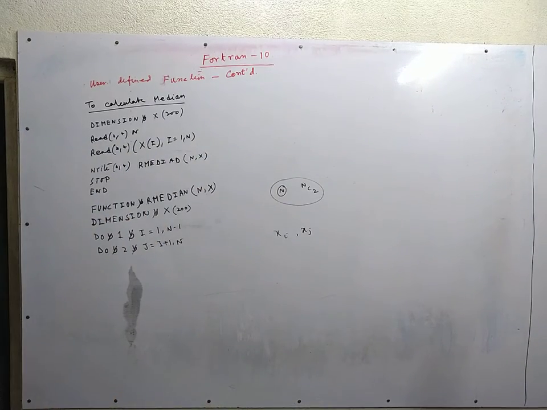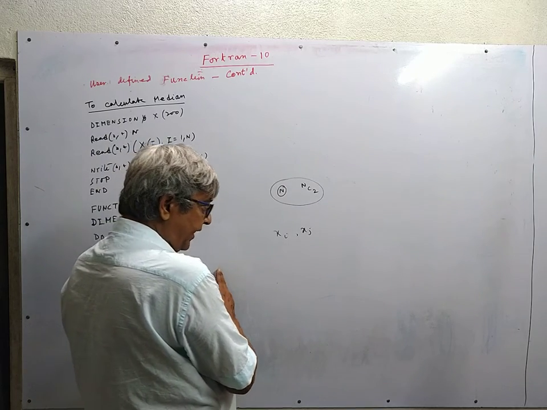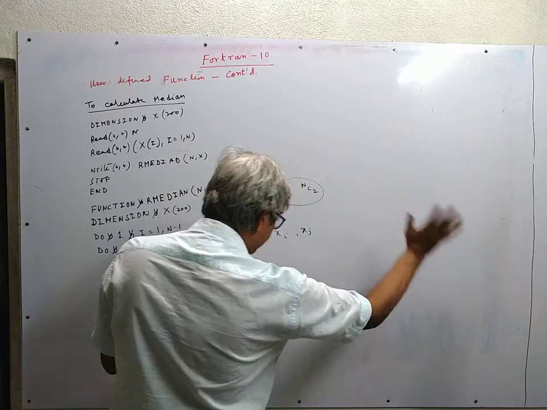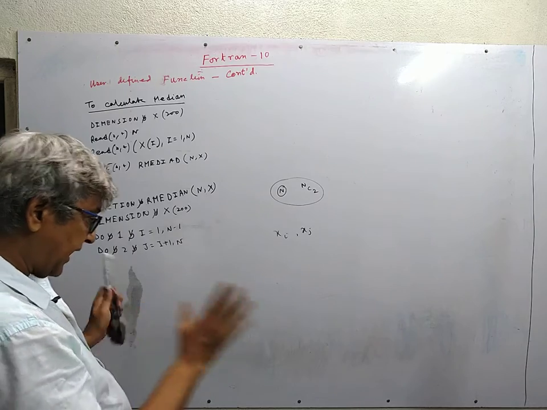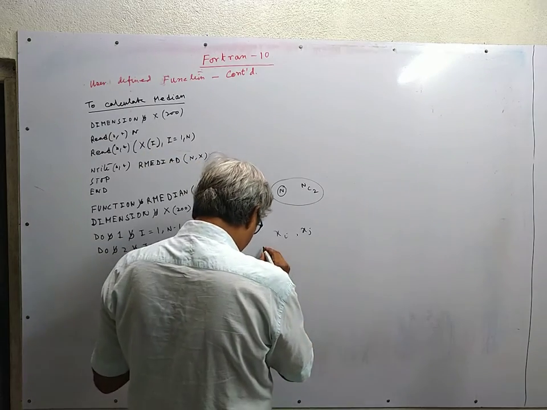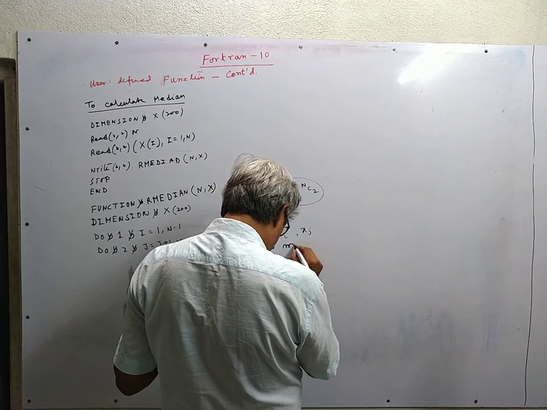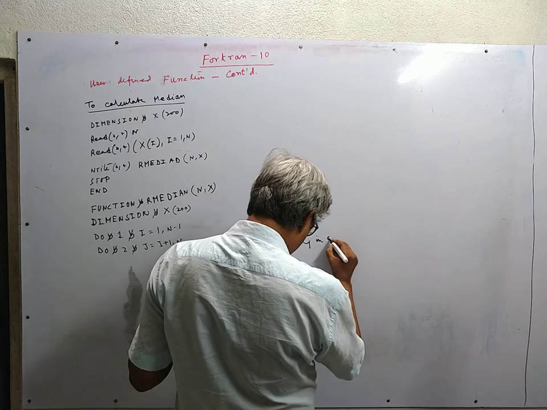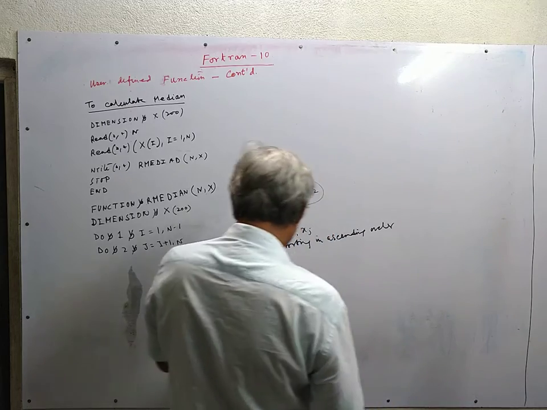Now our aim is first to fix what we want to do. Do we want to arrange them in ascending order? Ascending order means the lowest one will be on the leftmost end and the largest one on the rightmost end. If you want to arrange this in ascending order, for sorting, what we do?